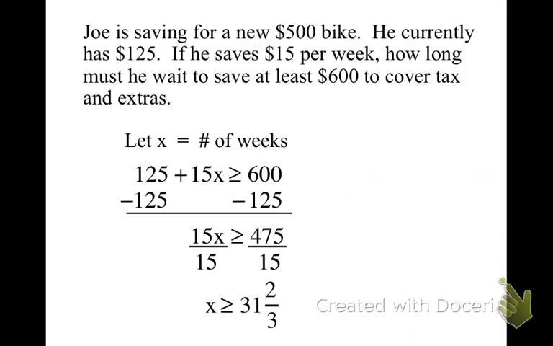If you kept going with the division, you'd get 0.66 repeated, and we get W is greater than or equal to 31 2/3. Now remember, how many weeks?